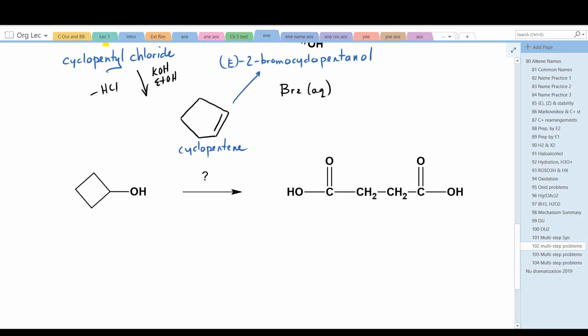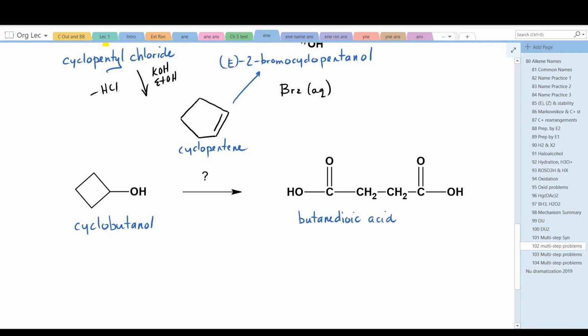Let's try the next one. Here we start with cyclobutanol. We're going to this dicarboxylic acid with 4 carbons. This is called butanedioic acid.